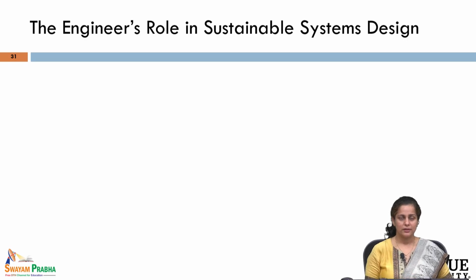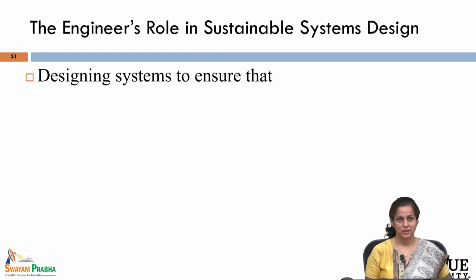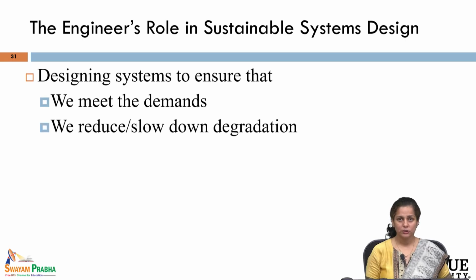Before we get there, I would like to highlight the engineer's role in sustainable system design. We want to design systems to ensure that we meet the demands, which is the first criterion for sustainable systems design. We reduce or slow down degradation, which means that we want to incorporate the ecological or environmental paradigm of sustainability in our systems design.